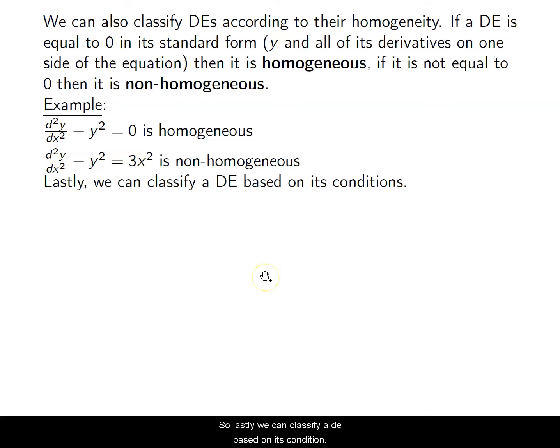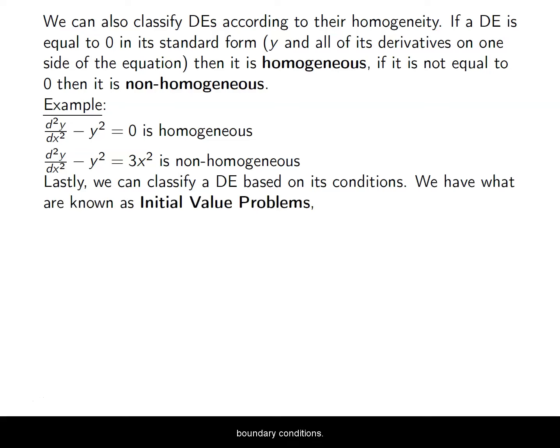So lastly, we can classify a DE based on its conditions. We have what are called initial conditions and boundary conditions. If we have initial conditions, then we call it an initial value problem, right? We are given an initial set of values that our solution function needs to satisfy.